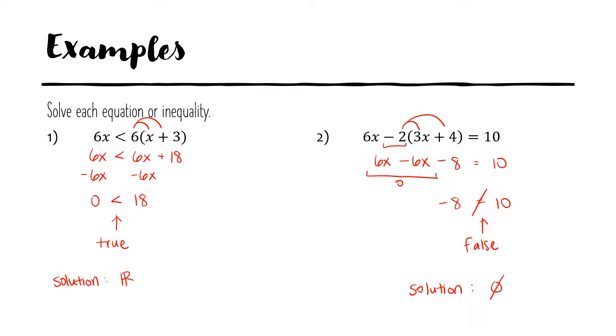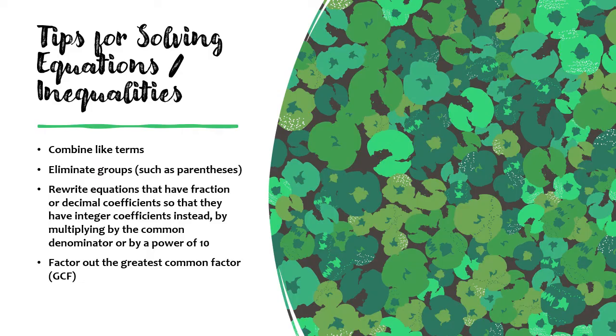So the other bits of information we want to cover when we talk about chapter 1 of this pre-calculus preview are just some general problem-solving techniques when we look at equations and inequalities. So the first of those being combining like terms. We saw an example of that in the previous problem, actually.